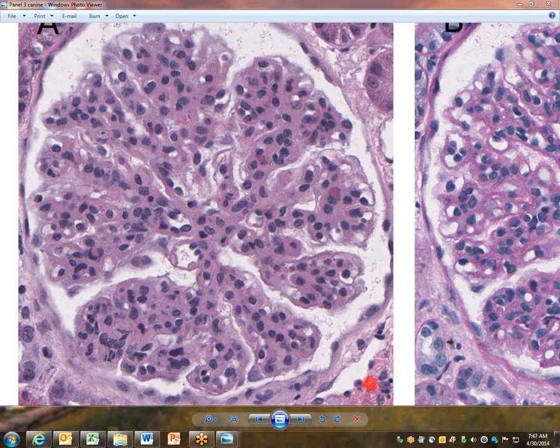Okay, so we're looking at a single glomerulus, and I think the prominent feature here is the marked proliferation of mesangial cells. Other than that, on this H&E, I think that's probably about it. You can see that diffusely the glomerulus is affected by numerous cells.